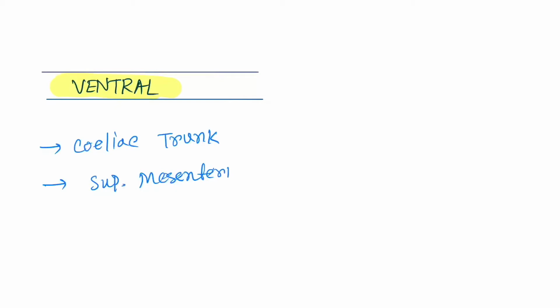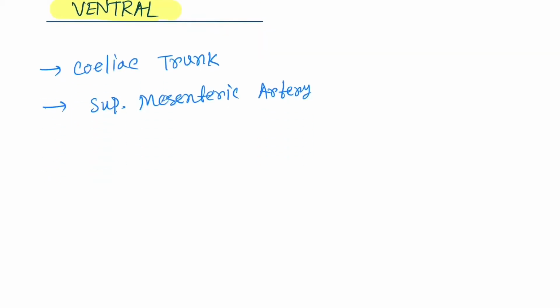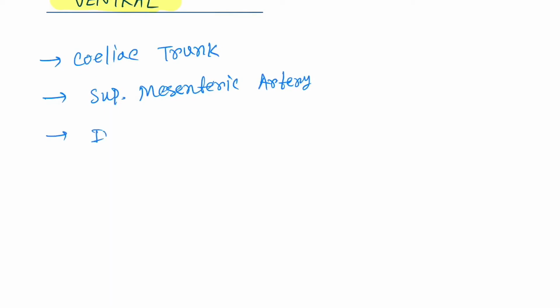Next is the ventral. So ventral branches are mainly divided into the celiac trunk, next, superior mesenteric artery, and inferior mesenteric artery.